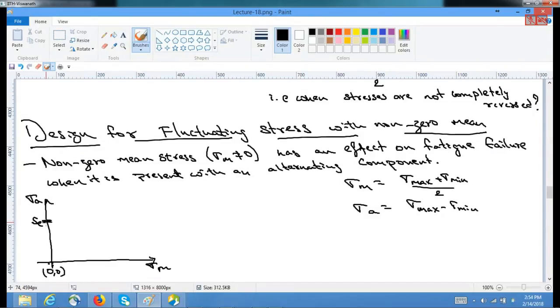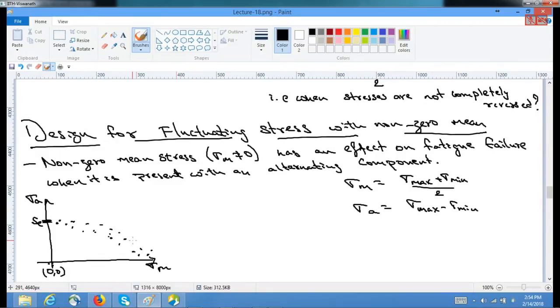But if sigma m is not equal to 0, that is, when we move along this line, the failure points are generally seen staggered across, something like this.